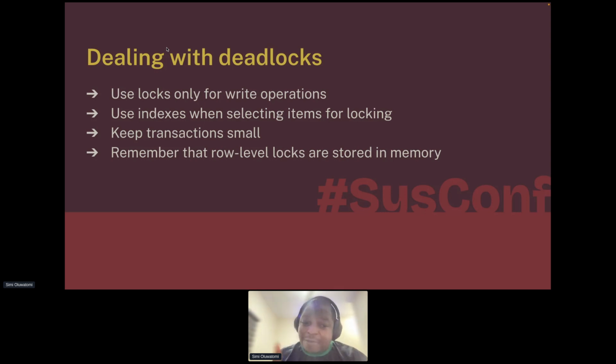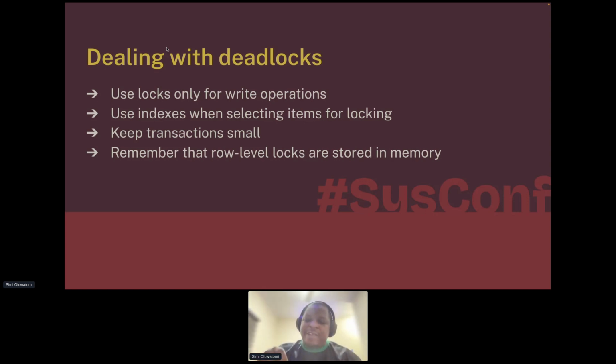Then number 4, remember that your locks are stored in your database memory. Don't forget, your data is first stored in memory before being flushed to disk. But the locks you are obtaining on those data are stored in your memory, in the database memory, in the RAM.